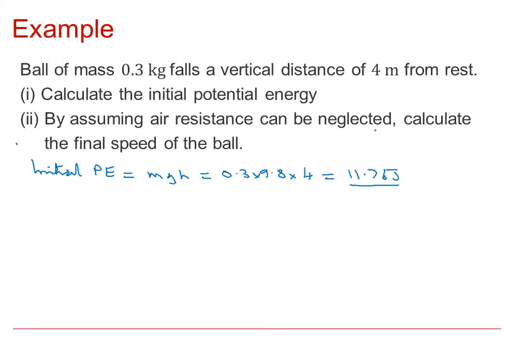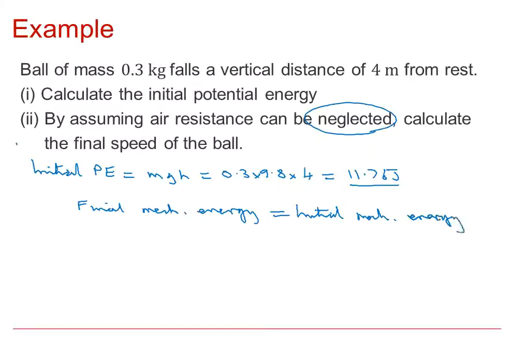Air resistance can be neglected, so we can say that final mechanical energy must be the same as initial mechanical energy. The only final mechanical energy we have is kinetic, so that's half mass times speed squared.